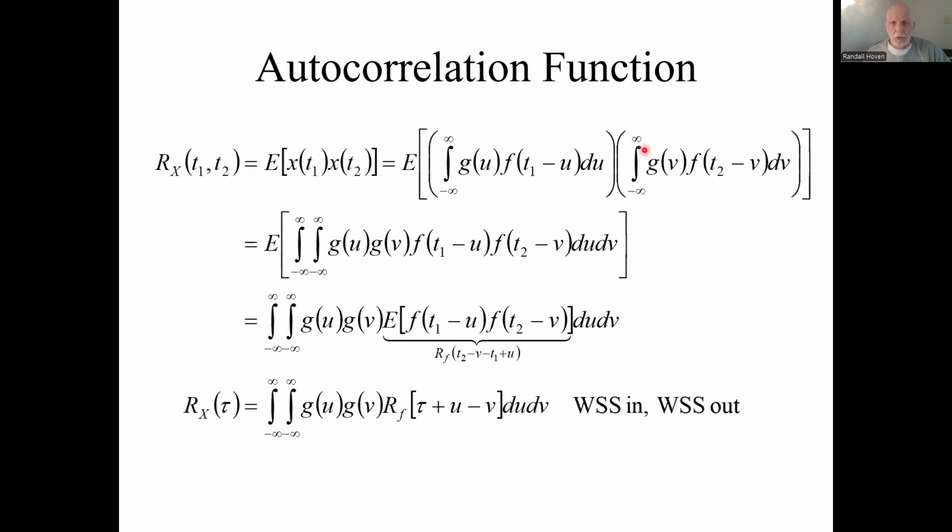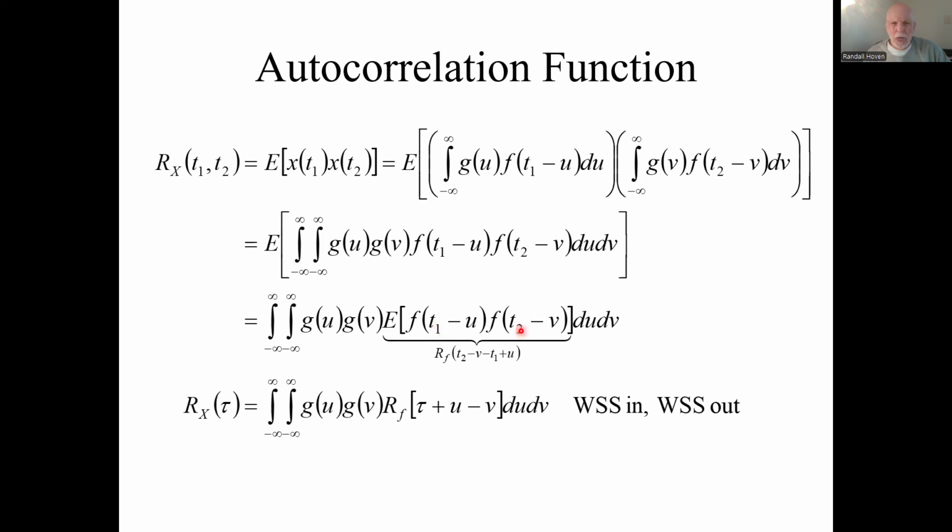It's these two integrals. I'll use two different variables of integration now because I'm going to combine them to make this product one double integral, and again move the expectation operator inside the integral. And the expectation of this, because we said the input is wide-sense stationary, is just the autocorrelation function with the argument being the difference between these two arguments.